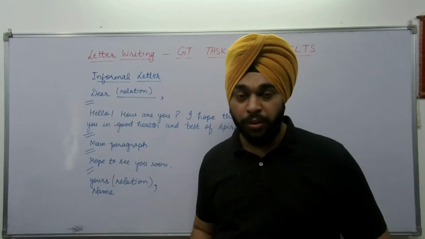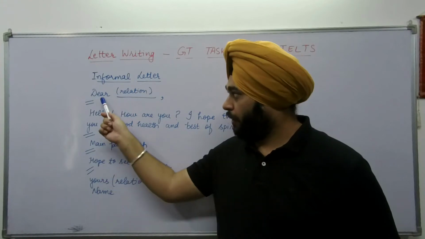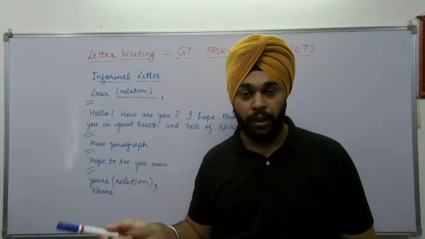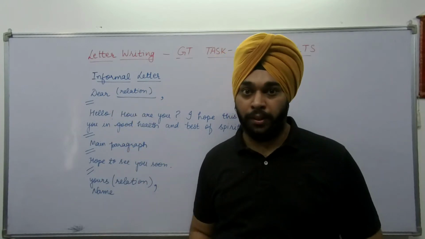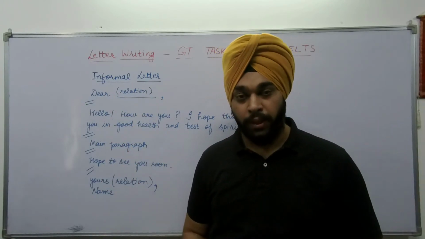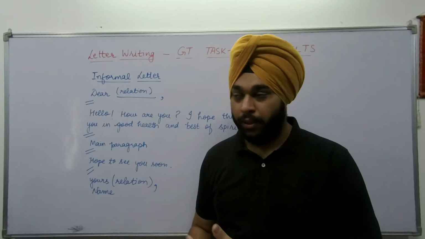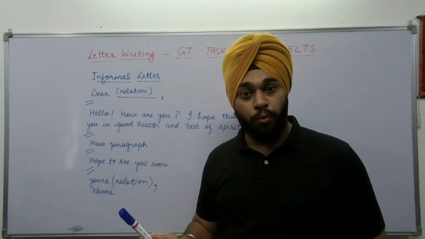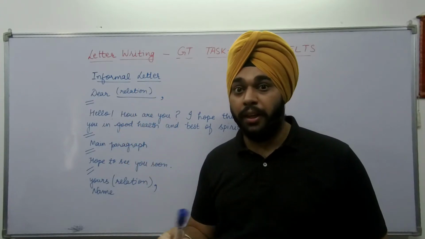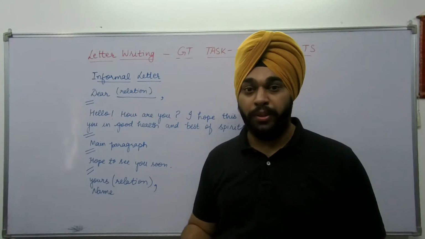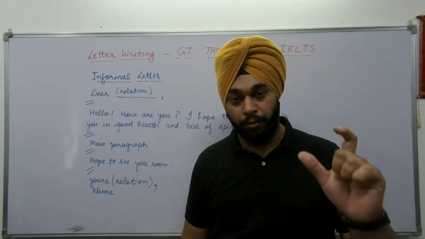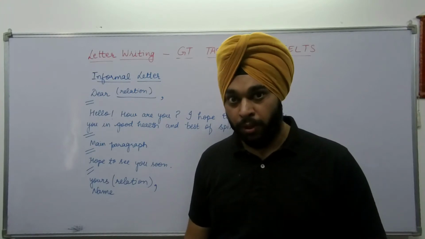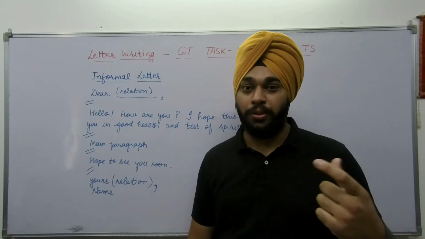If you're writing to your sister, then write dear and the name of your sister. If you're writing to your brother, then dear, again the name of the brother. If you're writing to your neighbor, then dear, neighbor's name. If you write the relation like dear neighbor, it doesn't look nice, so you must write the name of the neighbor, because informal letters are for those neighbors whom you know. So if you know your neighbors, you must also know their name.